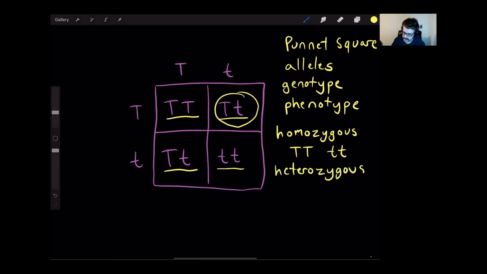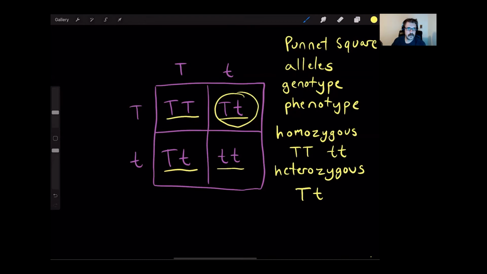And that just means that it has two different alleles, a dominant and a recessive, which means that it could pass on either. So if this was pea plants, the offspring of a heterozygous hybrid pea plant could be tall or short. If this was the gene for brown or blue eyes, the offspring could have brown or blue eyes, depending on who it was paired with.